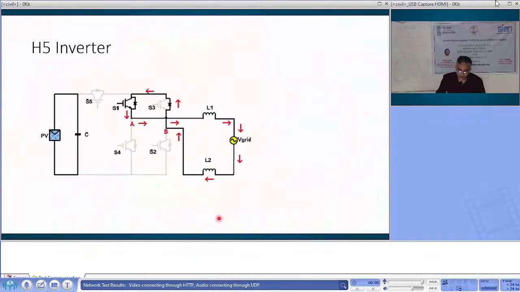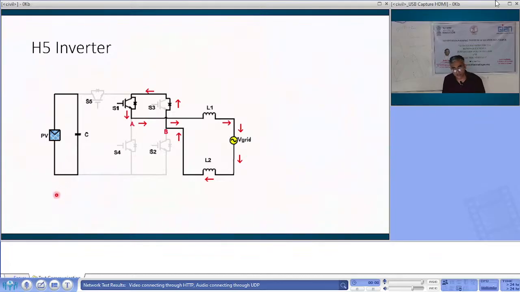Now when you are generating the 0 voltage, this S5 is turned off, that will isolate the PV part and this part. As it isolates, there is no change in the value of voltage across the capacitance. There is no path to change the voltage. So this voltage will remain fixed.